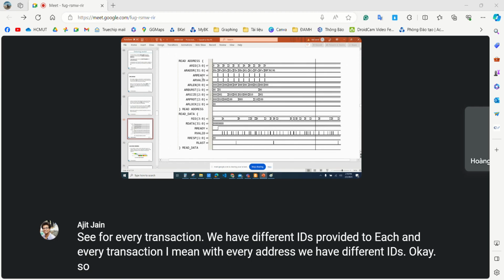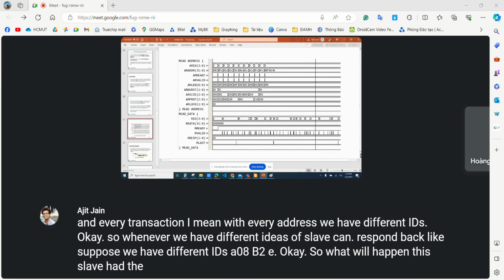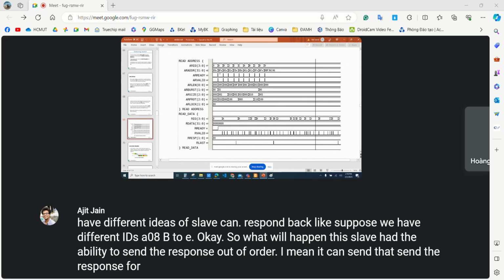So whenever we have different IDs, the slave can respond back. Like, suppose we have different IDs A, 0, B, 2, E. Okay. So what will happen? The slave has the ability to send the response out of order. I mean, it can send the response for B first, then it can send a transaction for 0 and then A.